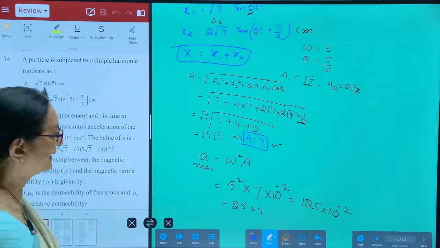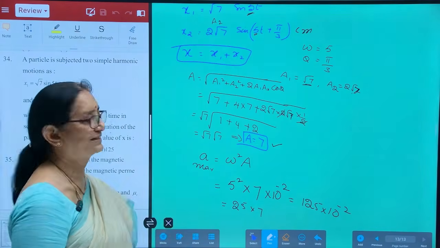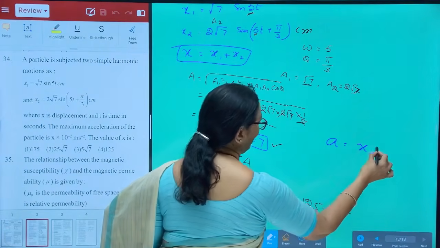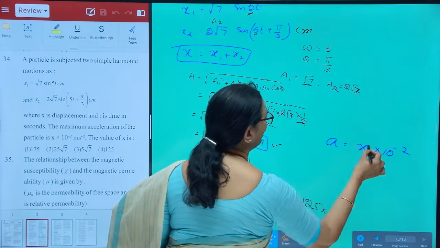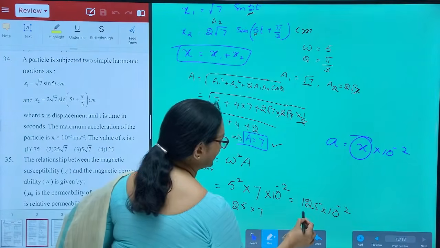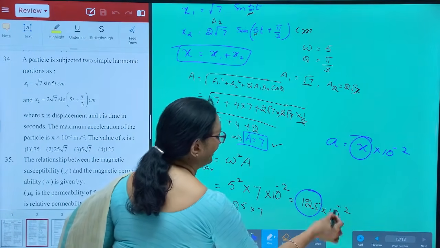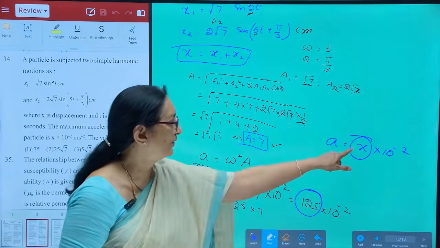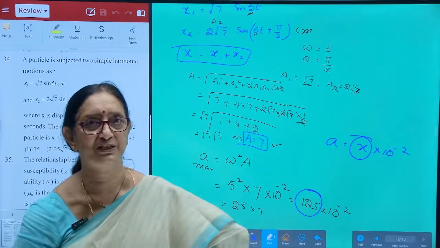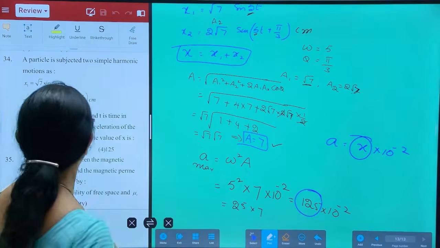It is a numerical question asked like this. Its acceleration is x into 10 power minus 2. Find out the value of x. So, acceleration is 125 into 10 power minus 2. So, x is equal to 125. That is the numerical question given in the problem.